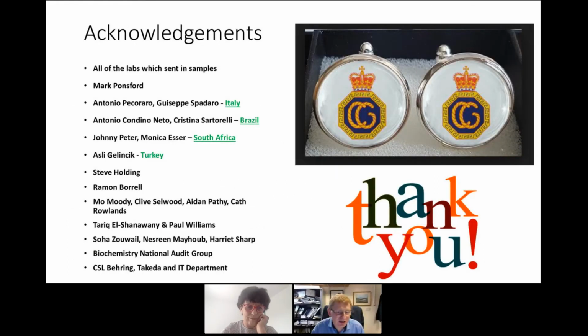And just to highlight those, obviously from Italy, Antonio Pecoraro and Pepe Spadaro; from Brazil, Antonio Candino Neto and Cristina Sartorelli; in South Africa, Johnny and Monica; and in Turkey, Asli Jelinek; and a growing group of members of the Calculated Globulin Club. We haven't actually got calculated globulin cufflinks for sale yet, but maybe one day. I thank you all for your attention.